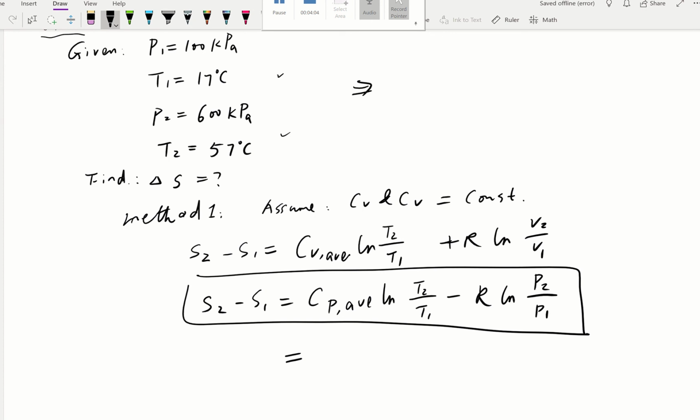T average will be T1 plus T2, that gives us about 74 degrees, divided by 2, so that's 37 degrees Celsius. And 37 degrees Celsius is about 300 Kelvin.